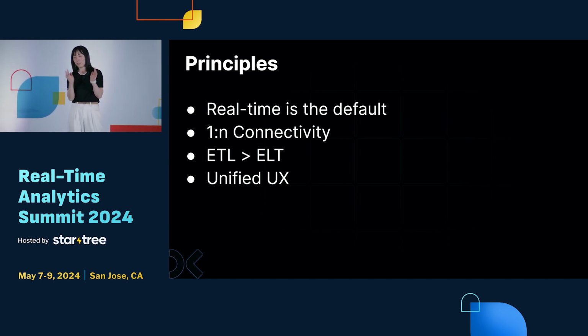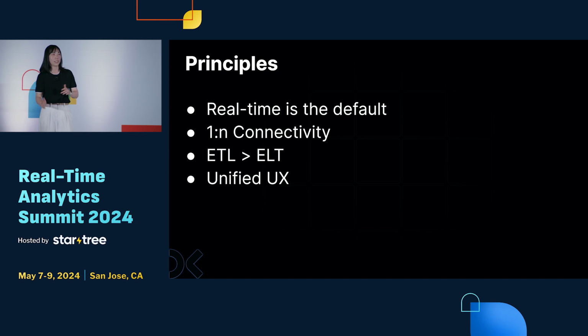The guiding principles for us: since we talk about all those systems that support online use cases, the main difference with online is lower latency. So by default, real-time or online use cases also cover the whole range of offline use cases, because who doesn't want fresher data? Another principle is we want one-to-N connectivity.